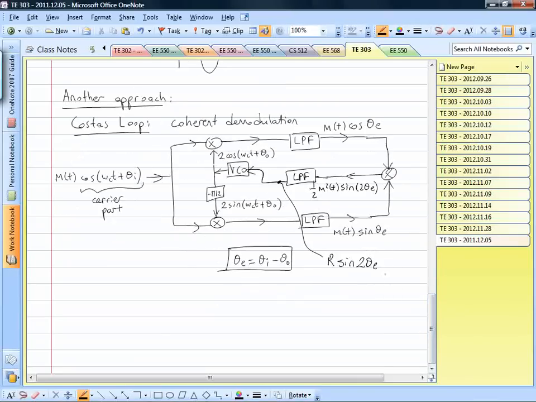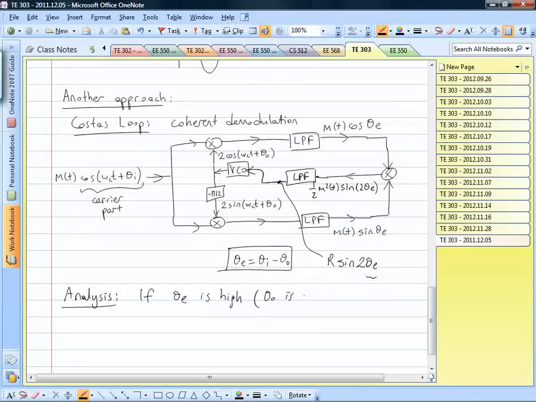Now if you make this the input of your voltage controlled oscillator, what will happen is that if your error phase is high, then it will tend to increase. You can analyze this again. If theta e is high, this means theta o is not high enough.